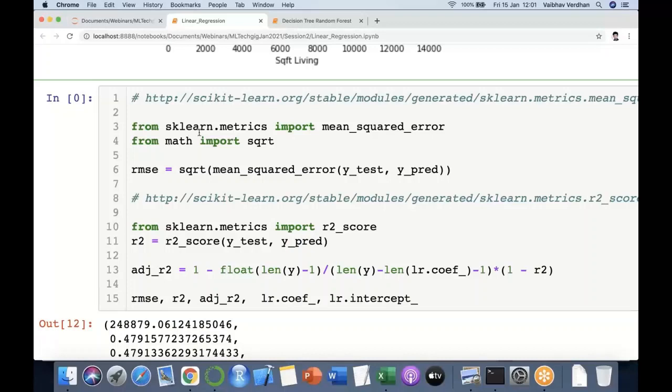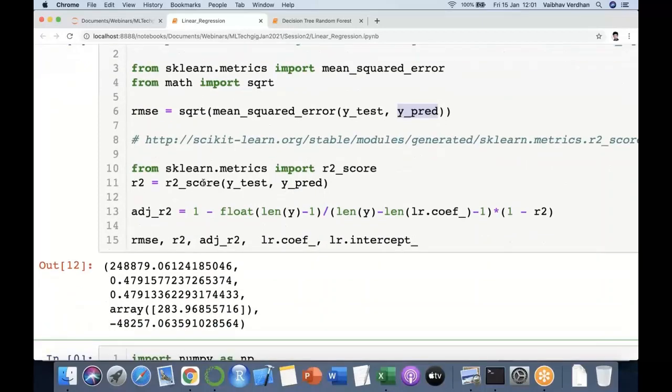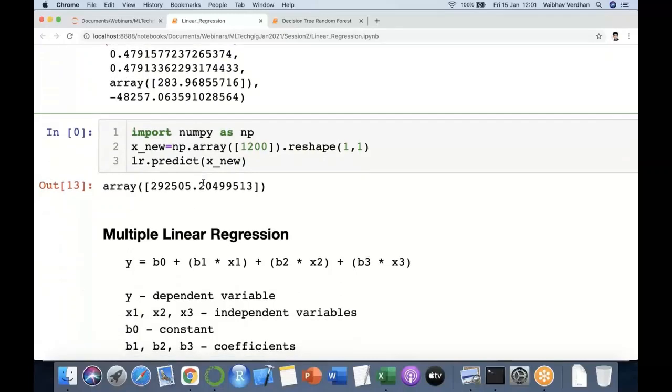From scikit-learn I imported my mean squared error and my r square. I'm calculating my mean squared error between my y test and my y predicted, between my actual values and my predicted values. Similarly, I'm calculating my r square between the two. That is my simple linear regression.